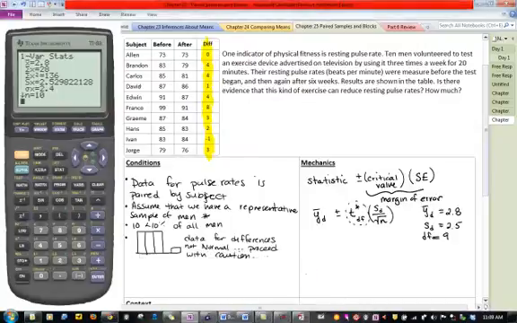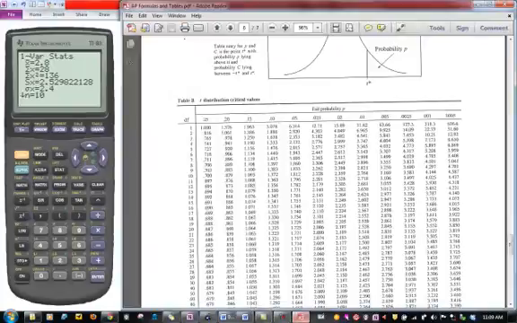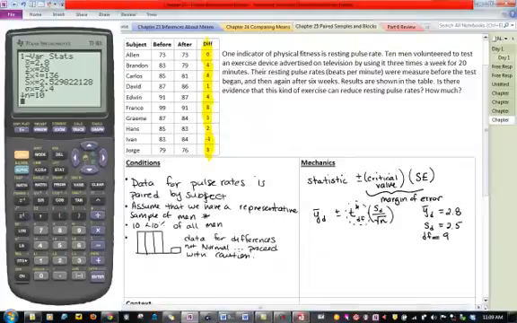In order to find your critical value, you could probably use your calculator and do inverse t. Because I don't have that on my calculator here, I'm going to go to my table. And we need to establish what level of confidence we want. So let's do a 99% confidence interval. That means we're looking at 1% on either side.